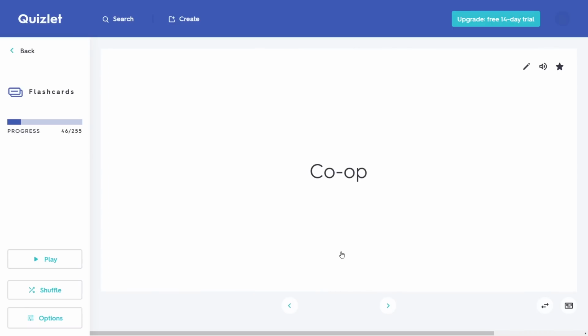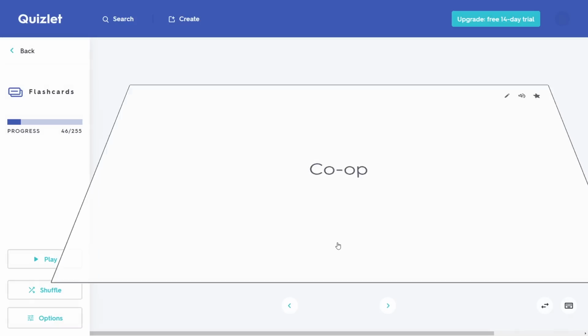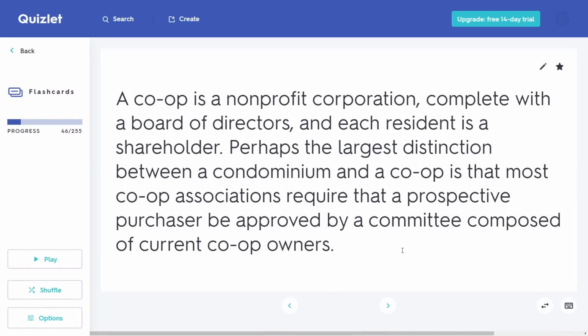Co-op. Okay, think that one over. All right, do you guys know what a co-op is? When you hear co-op, think nonprofit. A co-op is a nonprofit corporation and it even comes with a board of directors, and each resident is a shareholder.